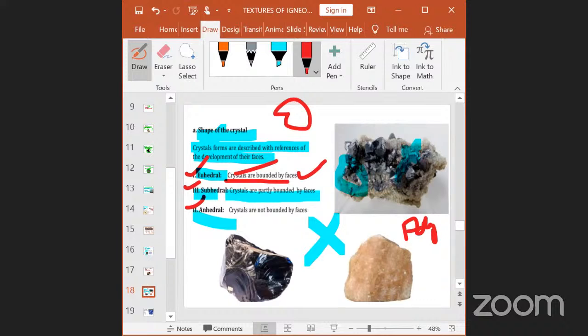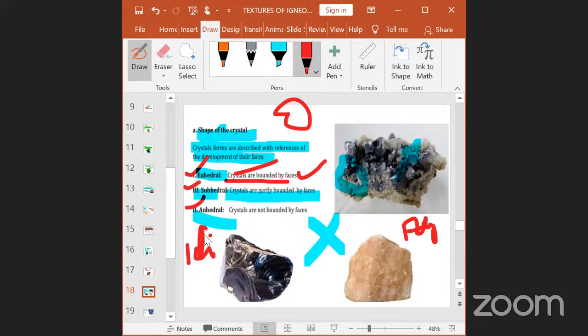The term euhedral is used for mineral grains which possess fully developed grain or crystal outlines, so all the crystal phases are perfectly or near perfectly developed. That is idiomorphic.